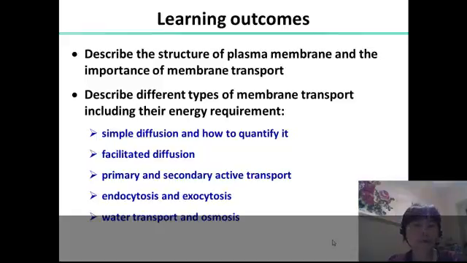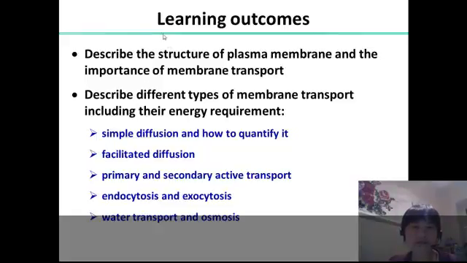We would like to achieve two things after the 2 hours lecture, and this will be broken down into 3 parts. First of all, we would like to describe the structure of plasma membrane and the importance of membrane transport. The second one is we should be able to describe different types of membrane transport, including their energy requirement.